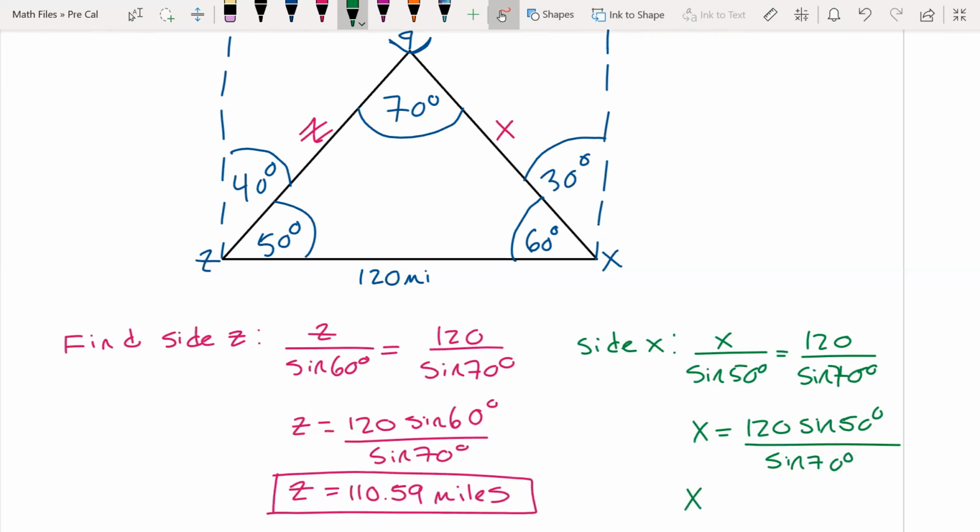And we'll get that X is equal to 97.82. Yeah, I got 97.82.